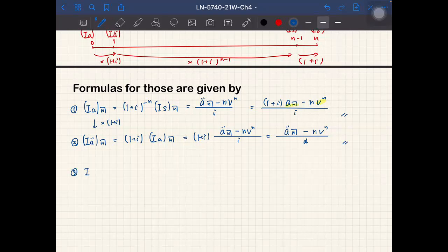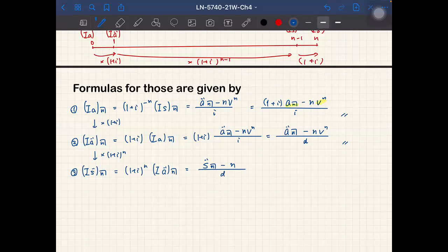And how about (Is̈)‾n? We have to multiply (1 plus i) to the nth power by (Iä)‾n. So this becomes s̈‾n minus n over d.